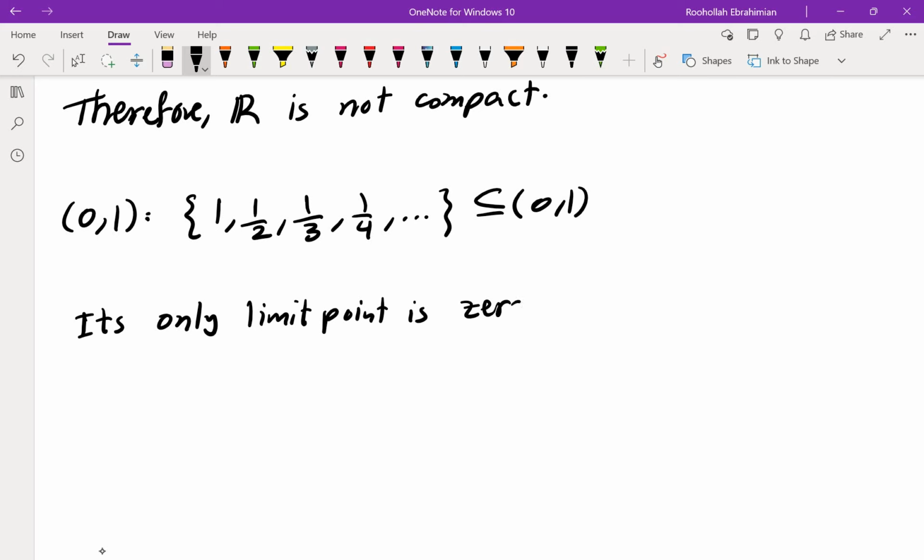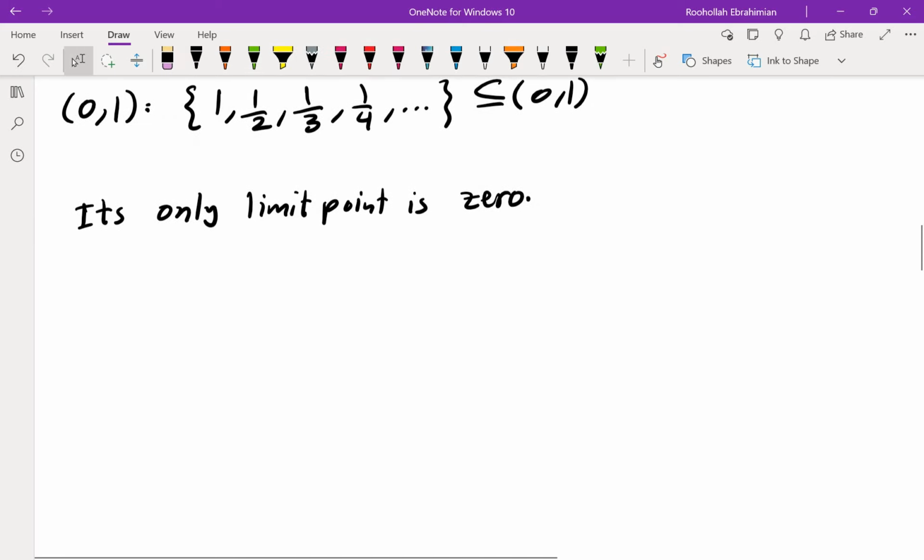Okay, so we're going to show that there is no limit point that is inside (0, 1). That's all we need to show. We don't need to show its only limit point is 0 for our purpose. We only need to show that there is no limit point inside (0, 1).